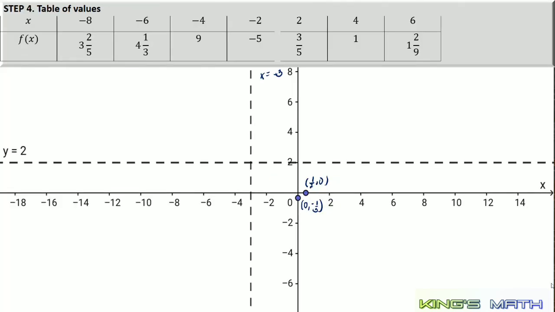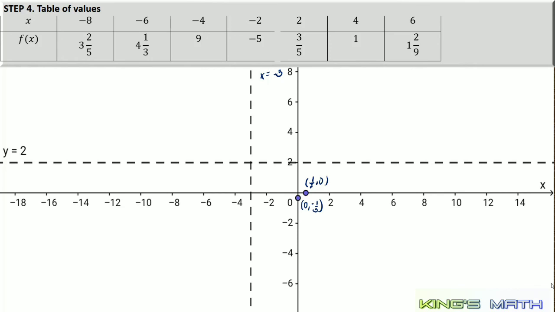Okay, so for the last step, we are going to create a table of values because this will be our reference to determine the shape of the graph. In making the table of values, we are the ones to identify the values of x. And after identifying the values of x, we're going to solve for the value of the function, or f of x.